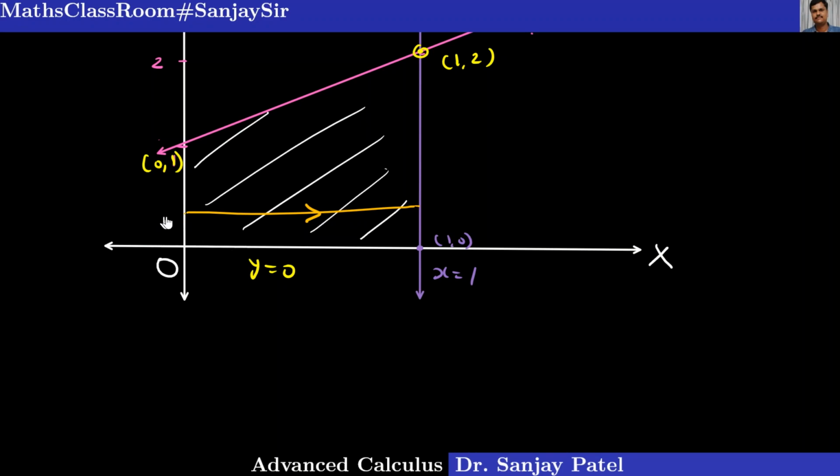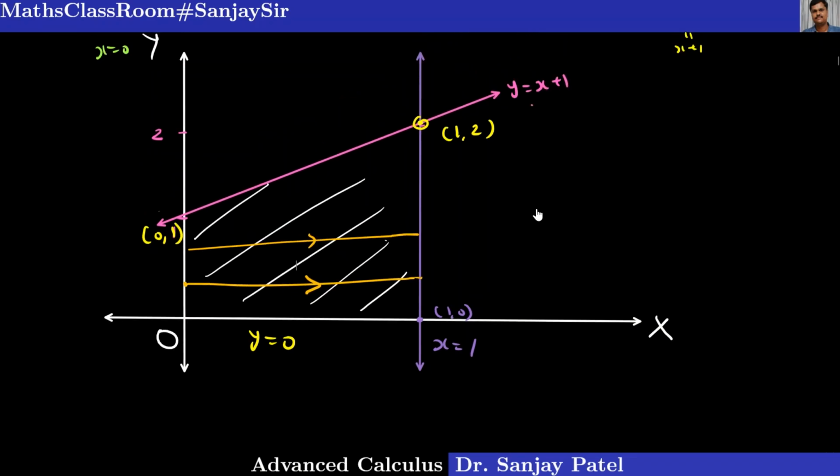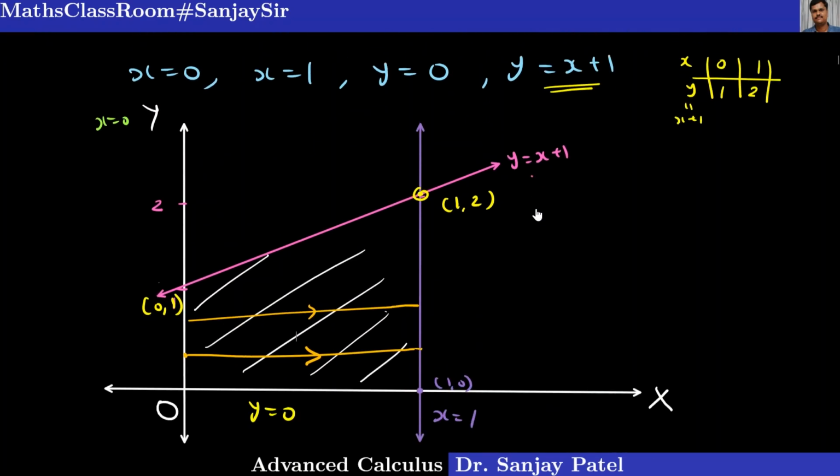If the strip is here, the left end point lies on this y-axis, the right end point lies on this line, so there is no problem. If it is here, then also the left end curve is this y-axis and the right hand curve is the line x equal to 1. But if I consider the strip over here in the region, then the left hand curve is this line y equal to x plus 1 and the right hand curve is the same line x equal to 1.